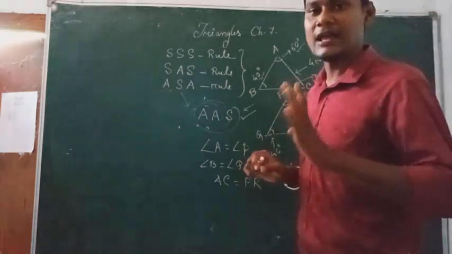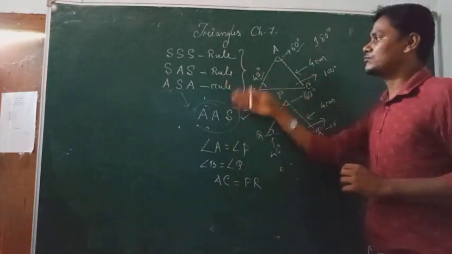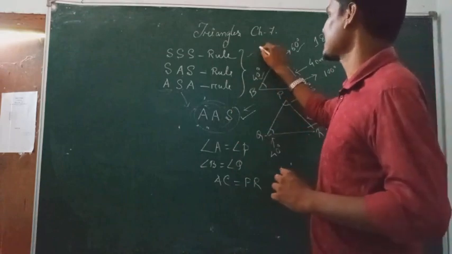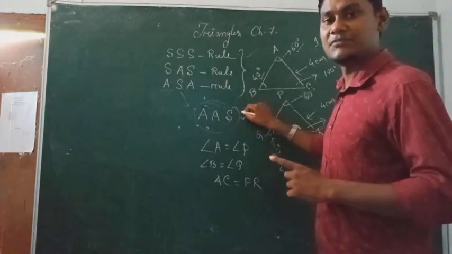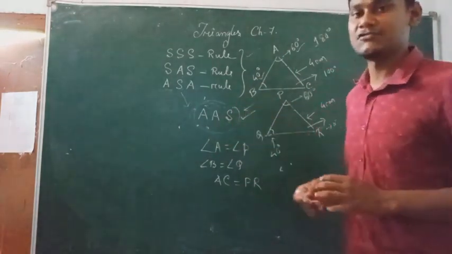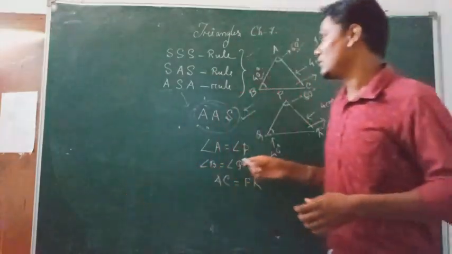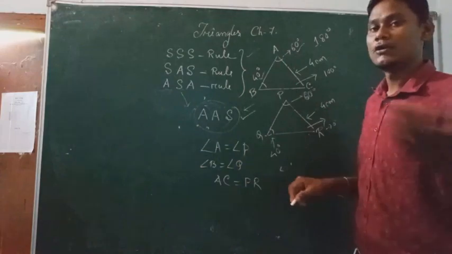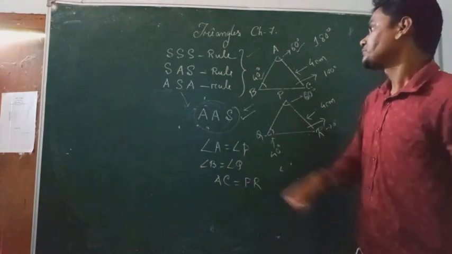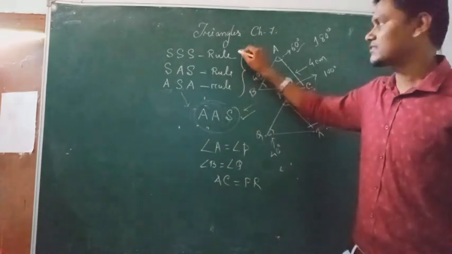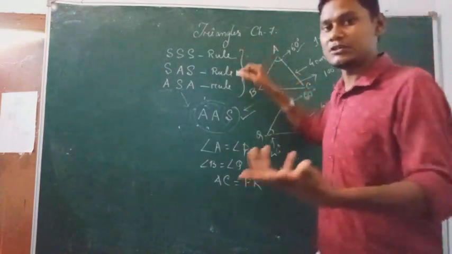Okay, so these are the various rules that I have discussed in the last class, and in today's class I have discussed the angle side rule. Based on this, we will have different questions in your exercise, using whichever rule suits the given information.